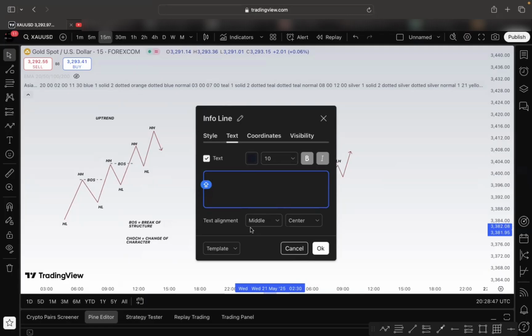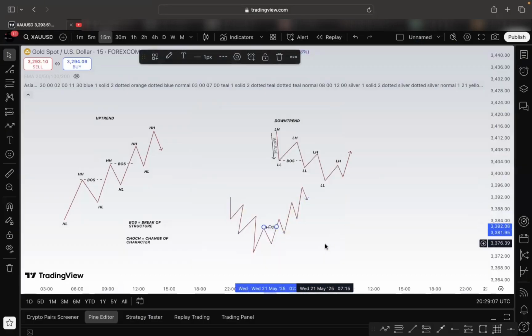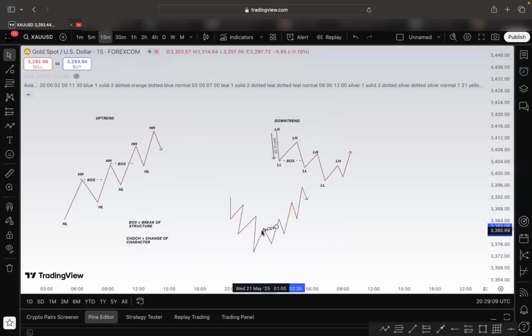So market shift, change of character, they're all the same. Break of structure is when price is breaking structure and respecting the characteristics of its trend. So you can see for an uptrend here, this is change of character. So the change of character happened here.